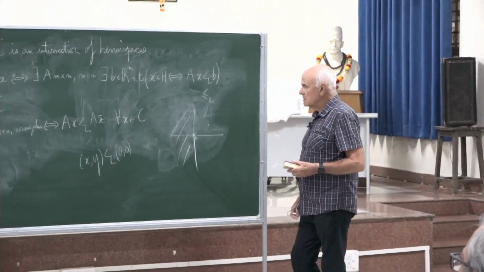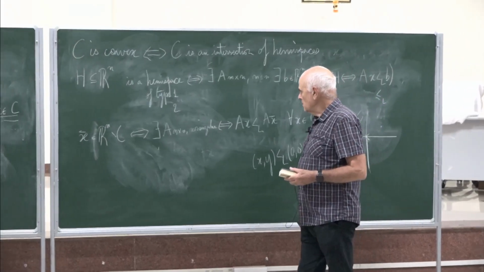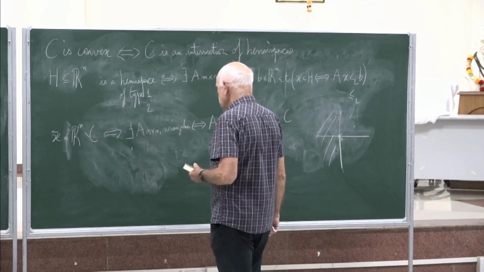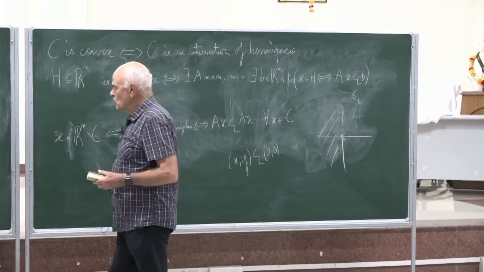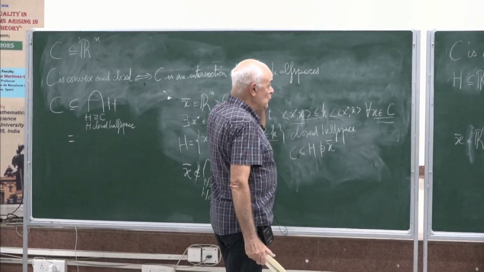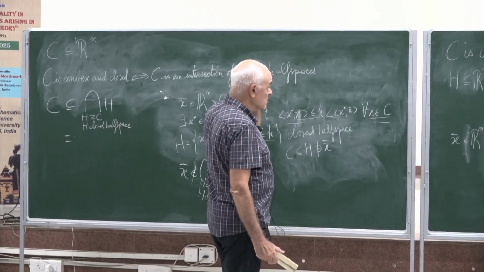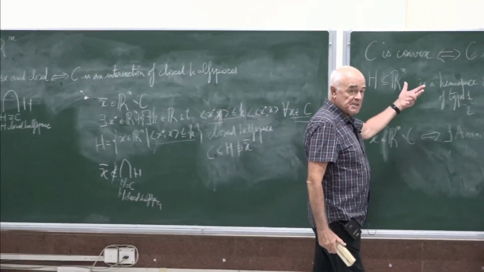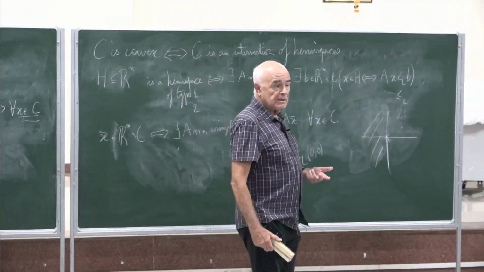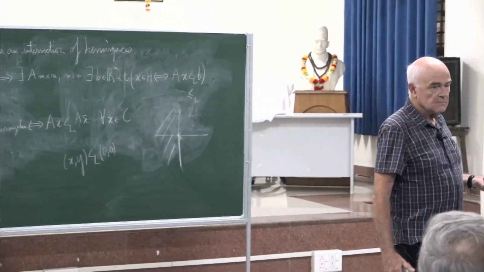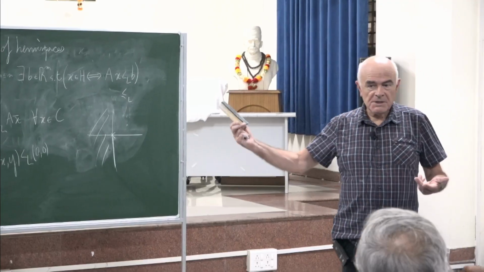Then you can define convexity in terms of the lexicographical order, because this is an equivalence.